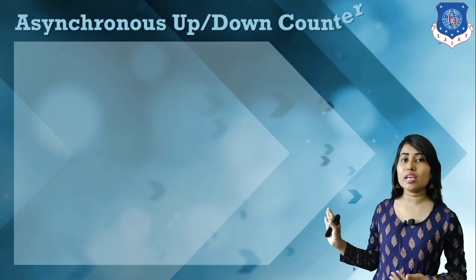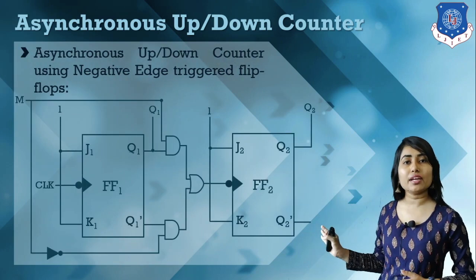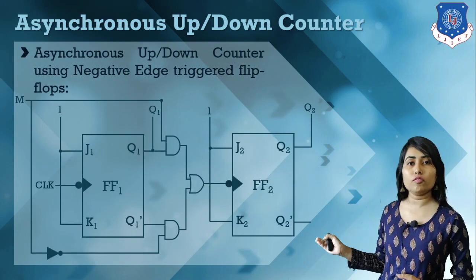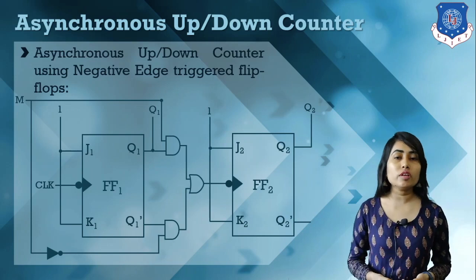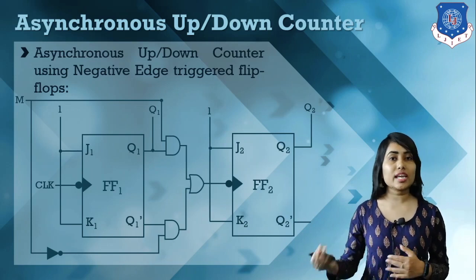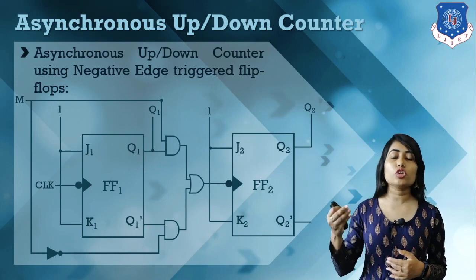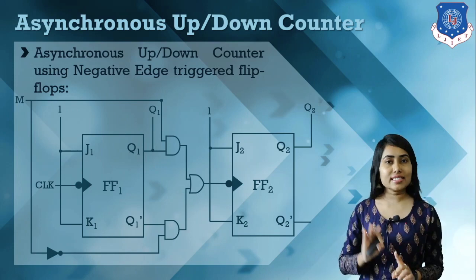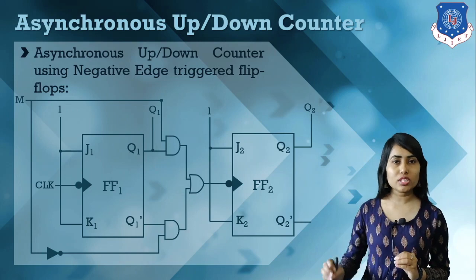So here we have an asynchronous up and down counter using negative edge triggered flip-flops. The first flip-flop has input 1 1, so J1 K1 is equal to 1 1. The second flip-flop also has input 1, so J2 K2 is equal to 1. In an asynchronous counter the inputs are always equal to 1.